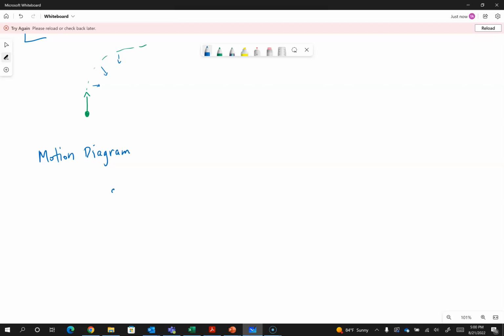If I draw some dots, say, I'm not going to draw the velocity at the moment, but if I say at time equals 0, I have an object at this location. And then at time equals 1 second, I have an object here. Time equals 2 seconds, I have an object here. Time equals 3 seconds, I have an object here. I'll stop at 4 seconds.